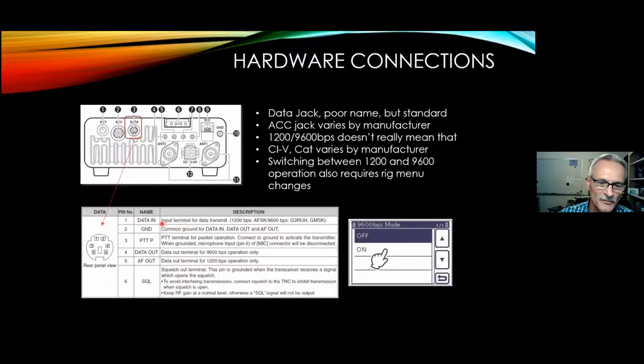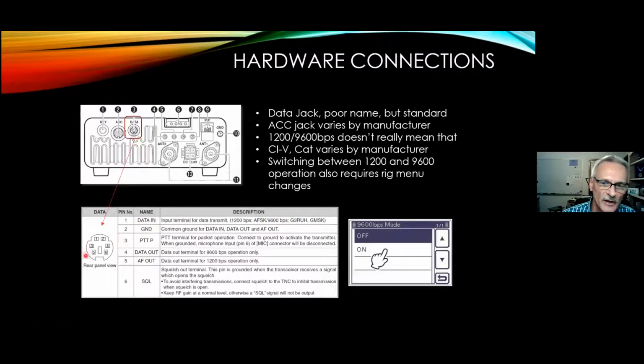It would have been nice if we had two data leads here, one for 1200 and one for 9600, but we chose a 6-pin connector and we ran out of pins. So we made the transmit data pin common between the two different modes, and then you have to go to a menu inside the radio and tell it I want to switch to 9600 mode, and that is what changes this pin from 1200 to 9600.